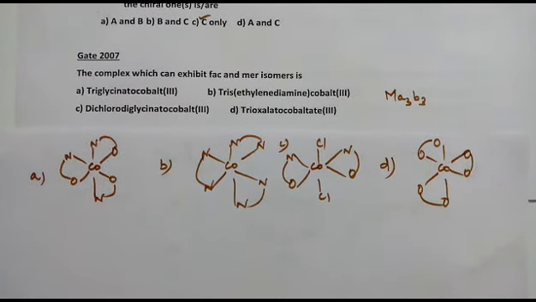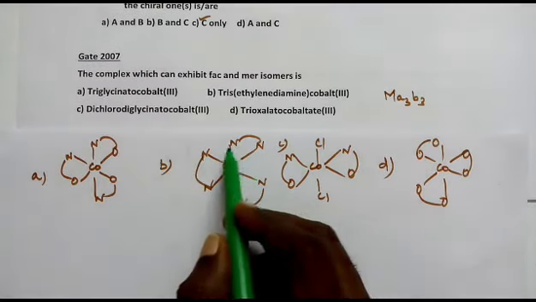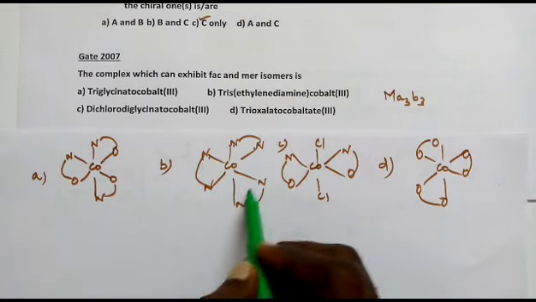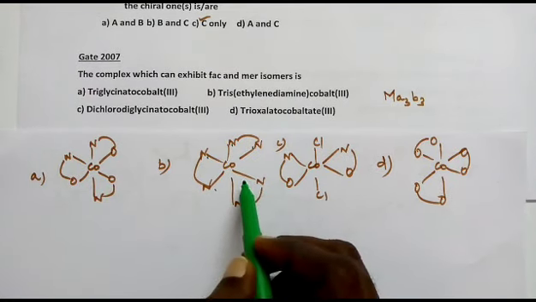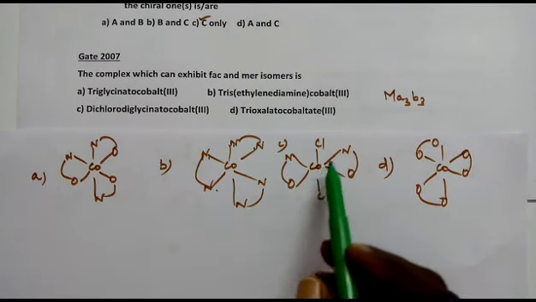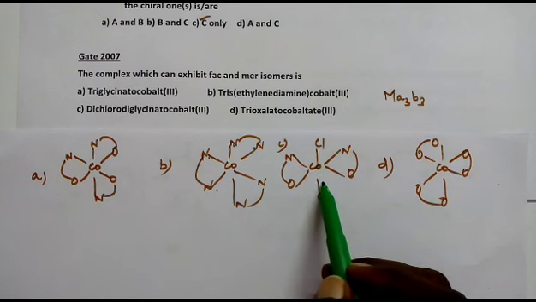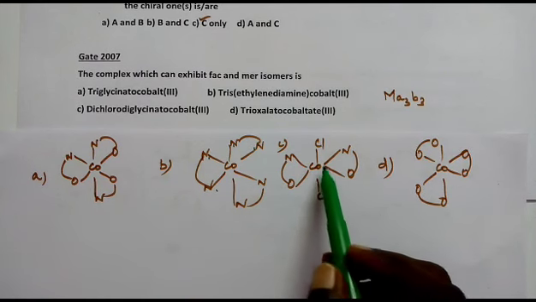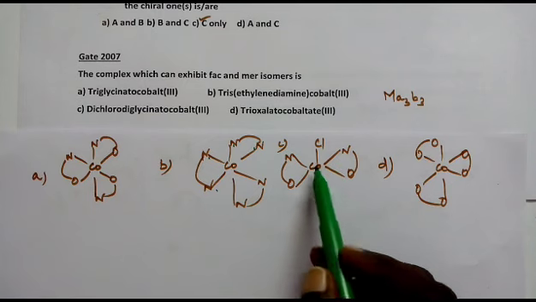Where do we have A3B3 type? Look at this: nitrogen, nitrogen, nitrogen, everywhere six nitrogens are surrounded by a metal. So you can't have A3B3 type. But look at this: two chlorine, two nitrogen, two oxygen. That means this is not A3B3 type.